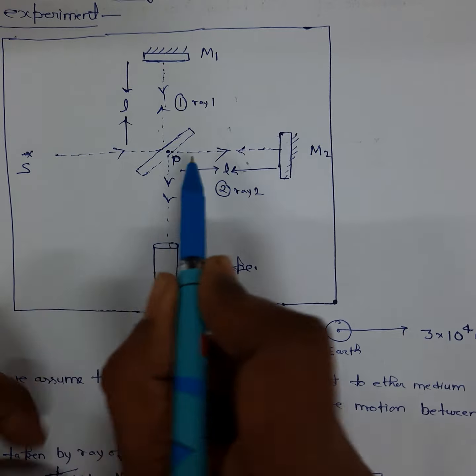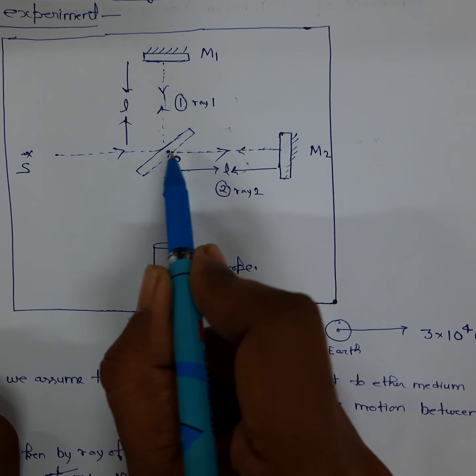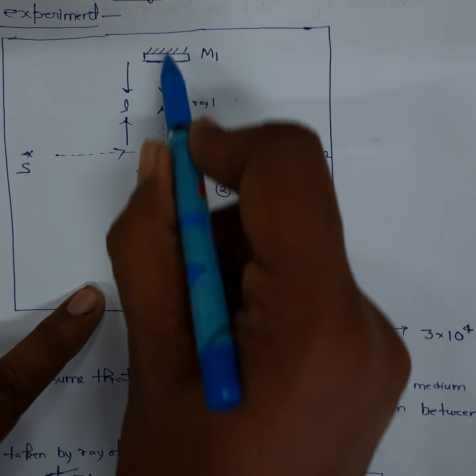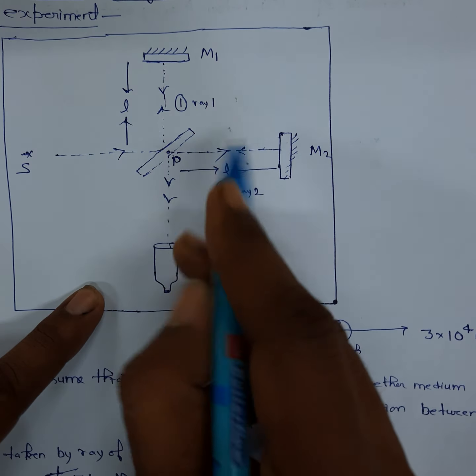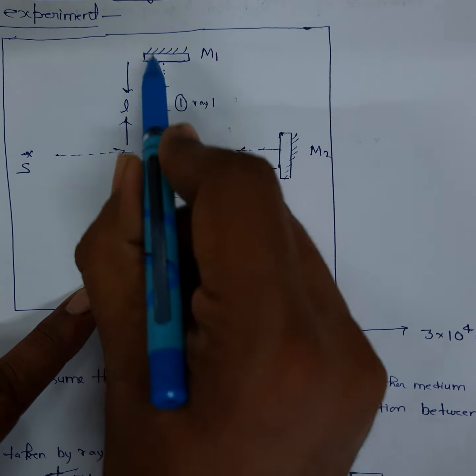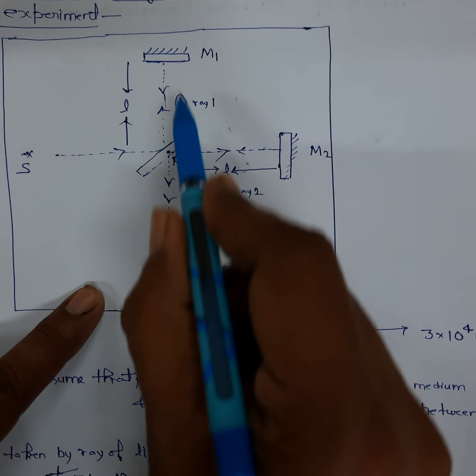The purpose of the beam splitter is to split the incoming beam into two rays, ray 1 and ray 2. We are assuming that the arm length L is the same, so the transit time should be the same.